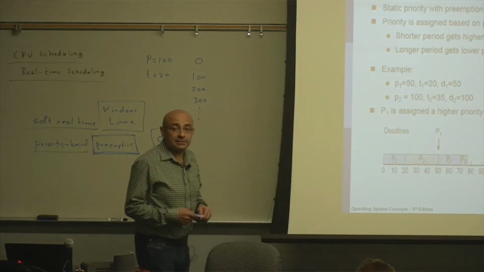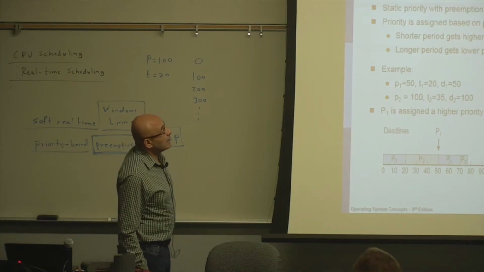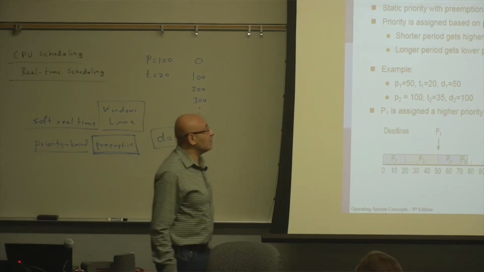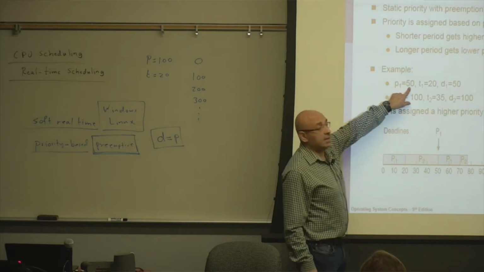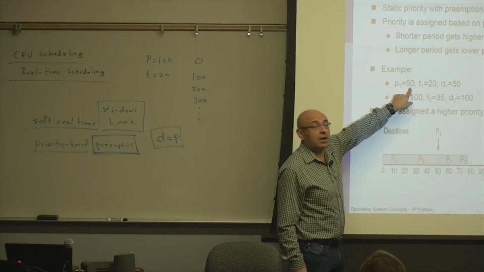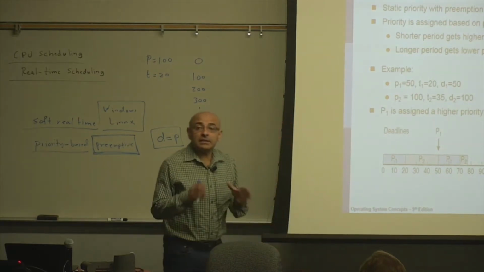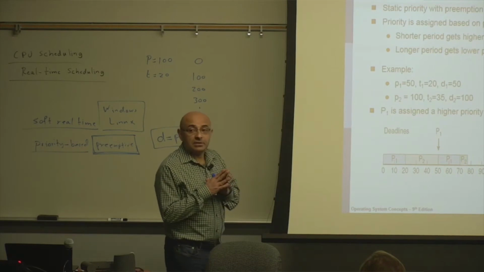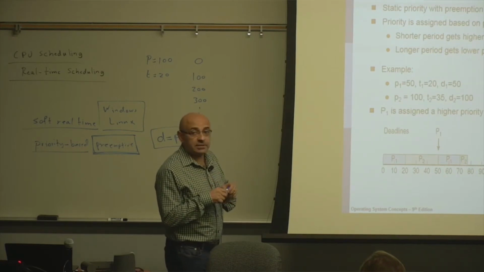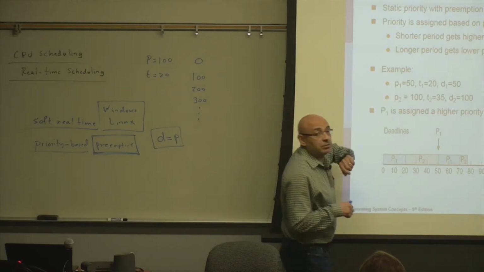So in this case, the rate monotonic scheduling algorithm is going to say, okay, process number one has a shorter period, so I'm going to give it the higher priority. And this priority is going to be fixed. So the system is not going to change the priorities. It will always give P1 higher priority than P2.